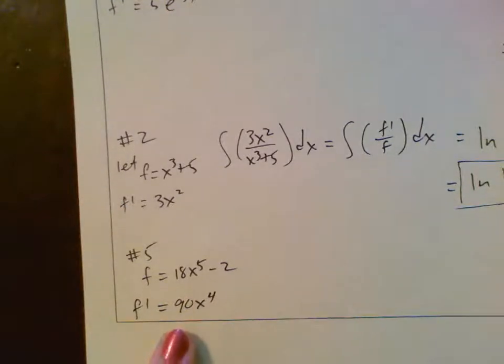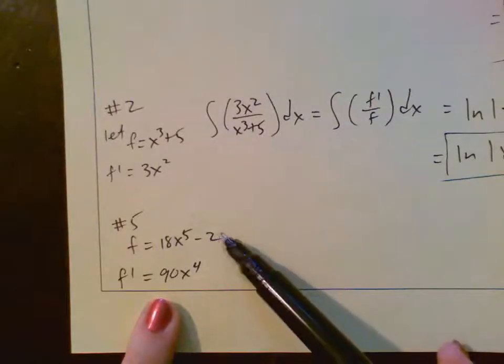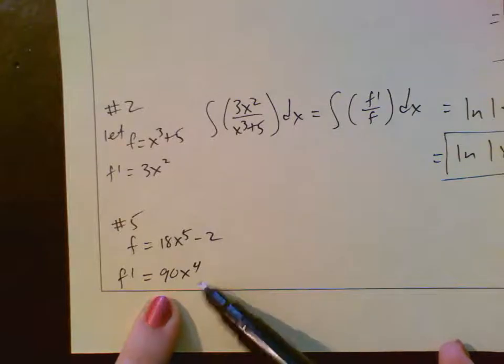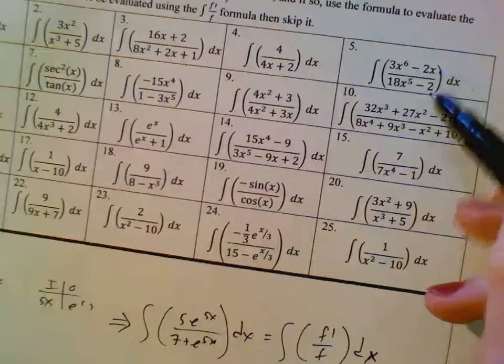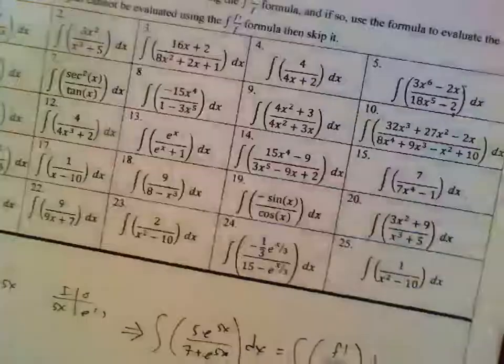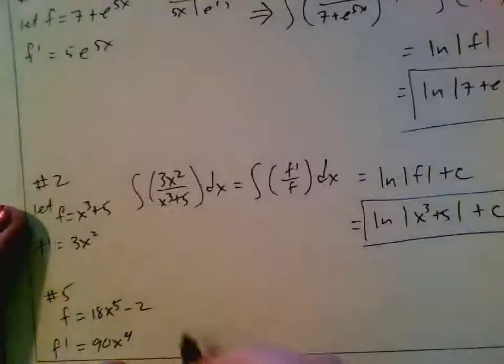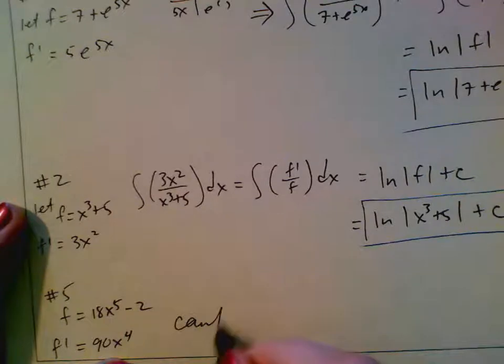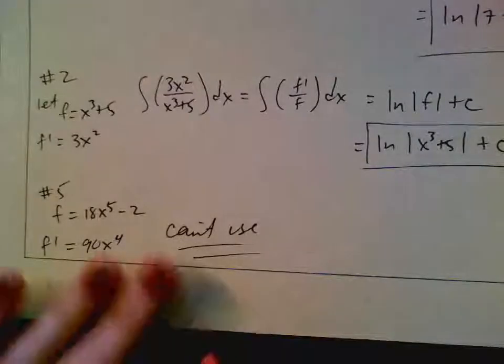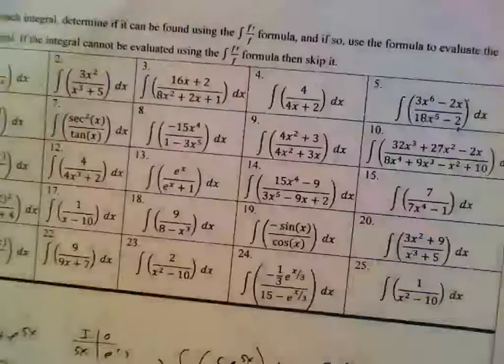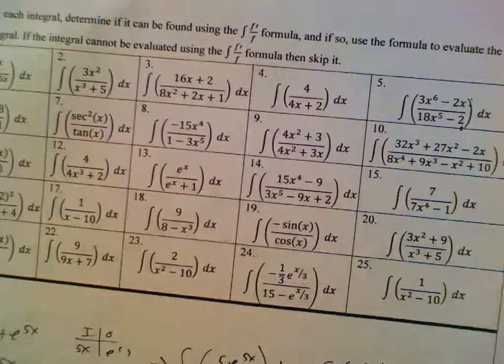So f prime is 90x to the 4th. So this needs to be, so bottom, top. There's the bottom. The top is not it. Okay, so not at all. So number 5, can't do. Can't use. Okay, guys. So, yeah, here's a bunch of practice. And I have the work attached.